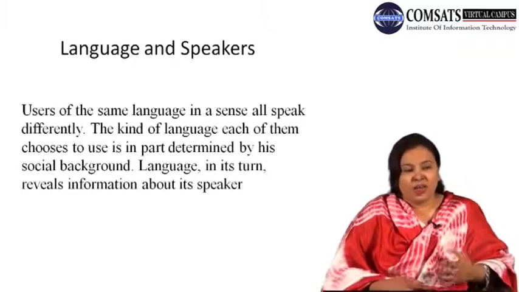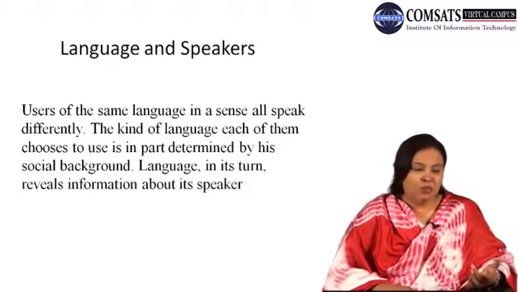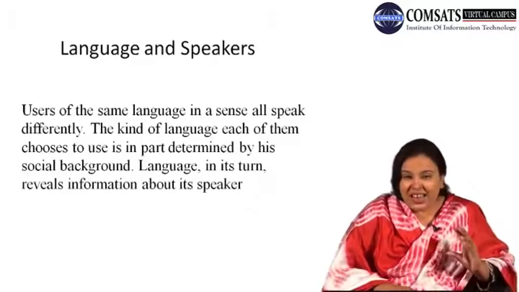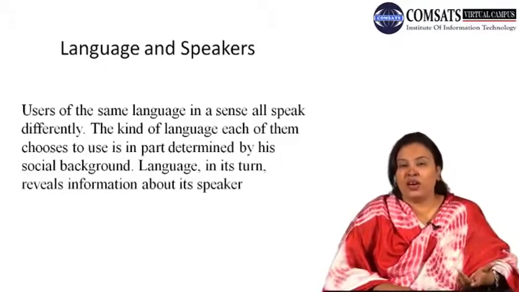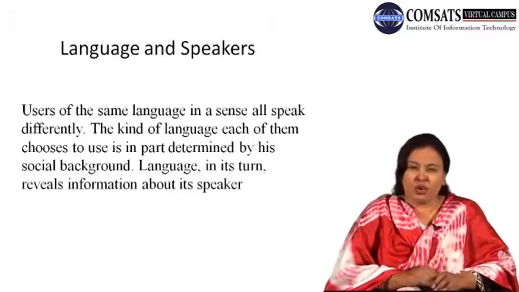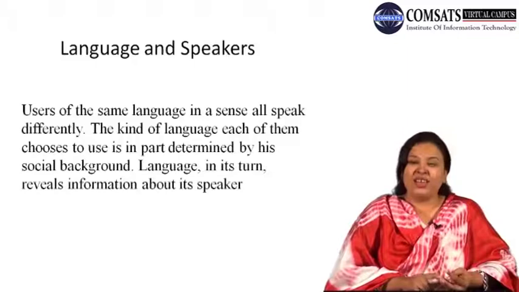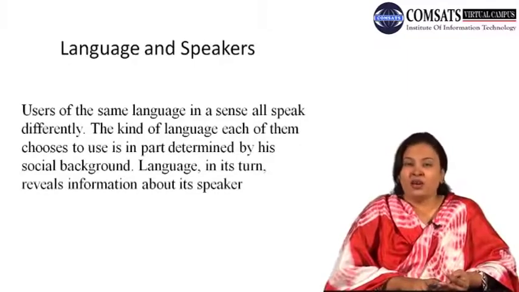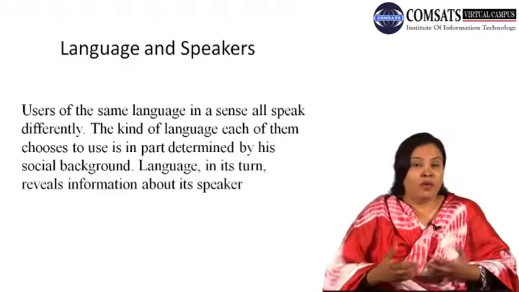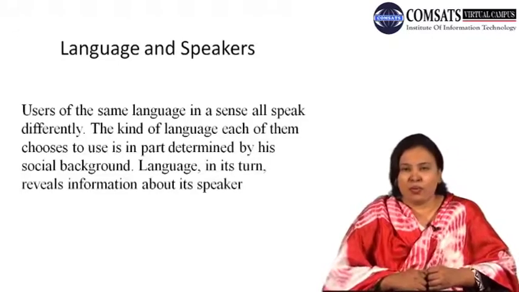Or for example, a person on the street, you meet him and he talks about a certain thing. By his language, you will understand what kind of person he is. Whether he is a modest, humble person, or a very rude person, whether he is an ignorant person or a knowledgeable person, whether he is an old person. Or just take the example of the telephone.